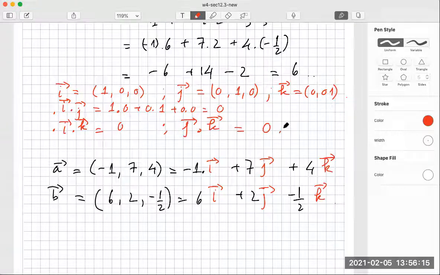Very good. So now you can think about the dot product this way.